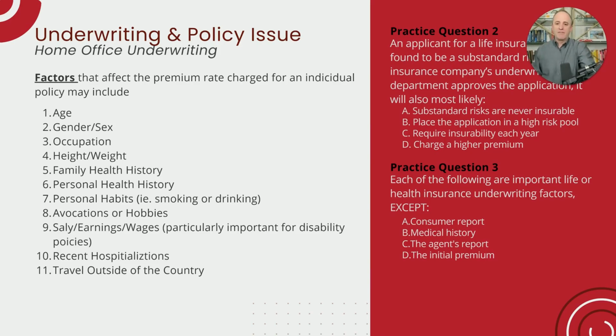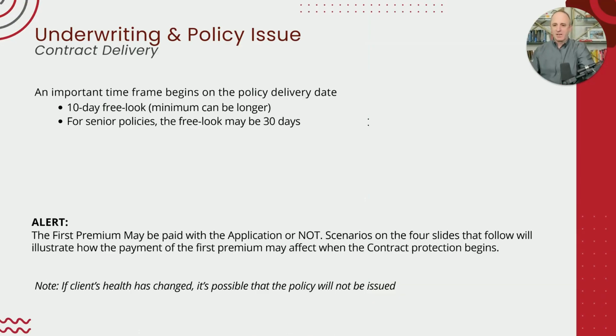Drinking a lot could have an effect on the person's rating. What are their hobbies? If they're a competitive motorcycle racer, that can make a difference. How much do they make? Very important to make sure that they're being adequately insured, but that they qualify financially for that. And that's insurance company specific. But these are just some of the factors that these insurance companies are going to be looking at.